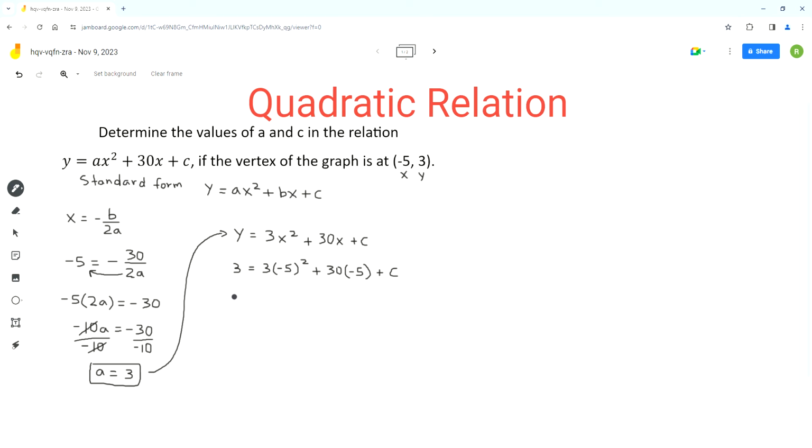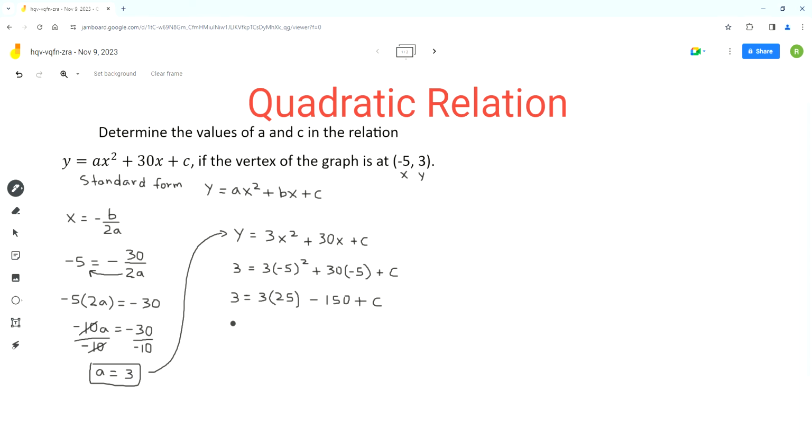So the first step is to simplify the square. So we know that the square of -5 is equal to +25. And now we have to do 30 times -5, which is equal to -150 plus c.